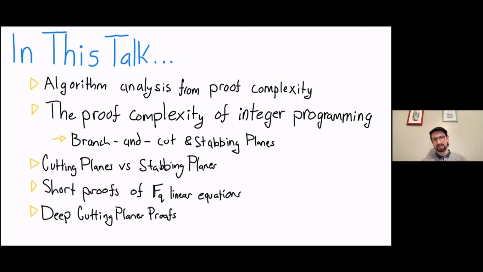Then we're going to compare stabbing planes and cutting planes and show how they relate to each other. And then we'll show how to use these relations in order to get short proofs of systems of linear equations over finite fields in cutting planes. And at the very end, I'll go into some detail on some depth lower bounds on cutting planes and how they relate to a conjecture that we have.